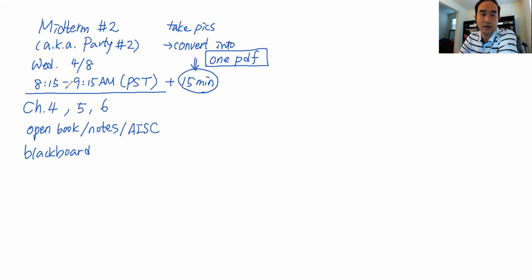So the timeline is you will have 1 hour, 60 minutes, to take the test. After 9:15, you have 15 minutes to convert your work into one PDF and upload it to Blackboard. I'm going to post the problems on Blackboard.